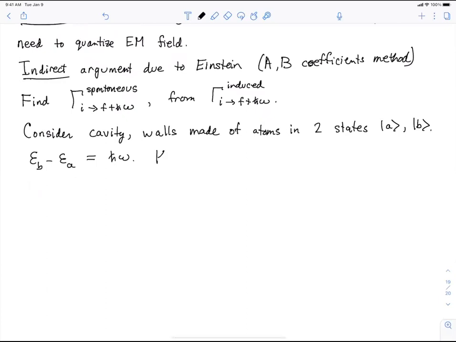Okay, and now we're going to assume that the whole system is going to be kept at some temperature. It doesn't actually matter too much what the temperature is, but what's important is that we can change the temperature, but we're going to keep it constant at any given moment. So it's kept at temperature T with electromagnetic radiation inside the cavity.